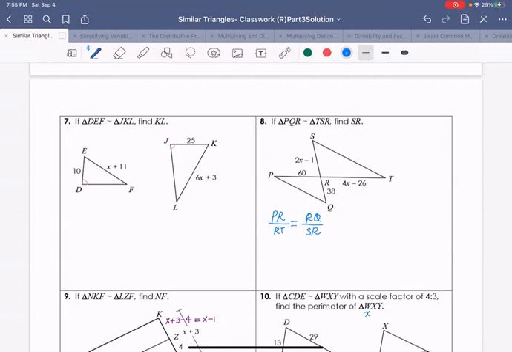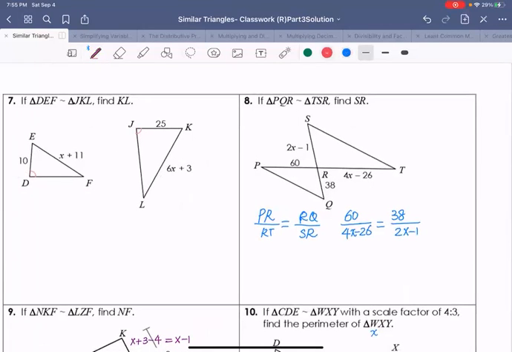PR is 60 and RT is 4x minus 26. And then RQ is 38. And SR is 2x minus 1.